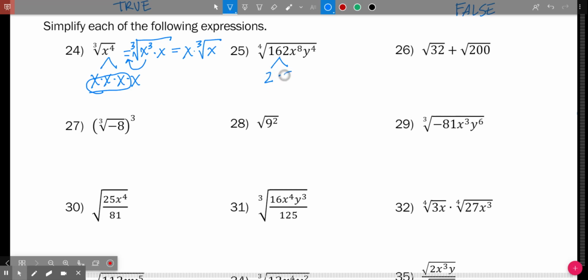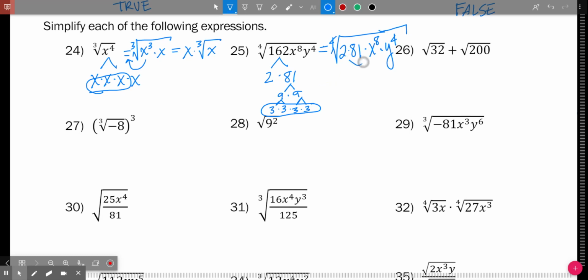So this becomes 2 times 81, and 81 becomes 9 times 9, and 9 becomes 3 times 3, and 3 times 3. So here's my set of 4. So 81 is a perfect fourth. So this will be equal to the fourth root of 2 times 81 times x to the 8th times y to the 4th.